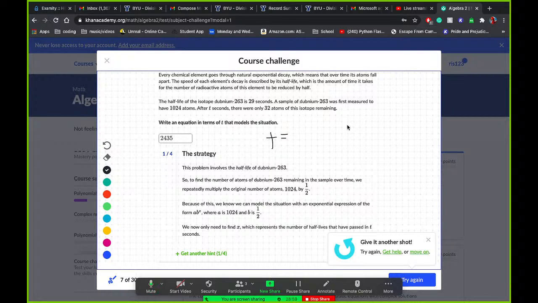It's in the form of an exponential equation, where you have a start value, and then the thing it decreases or increases by, and then you have it to the power of x, I guess. And that's how you do it, I guess. I actually don't think it has to be in terms of t. I think t is supposed to be above there. So that's 1024. Actually, no. I don't know.